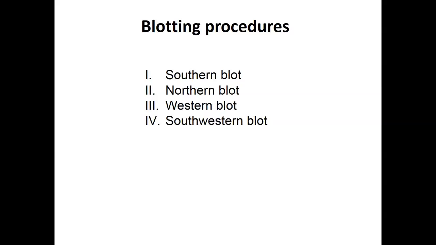Western blot, now you're analyzing protein. Now you have the Southwestern blot. What are you doing now? You're looking at the interaction between the DNA and the protein, and what protein binds to the DNA? What's the name of those proteins?